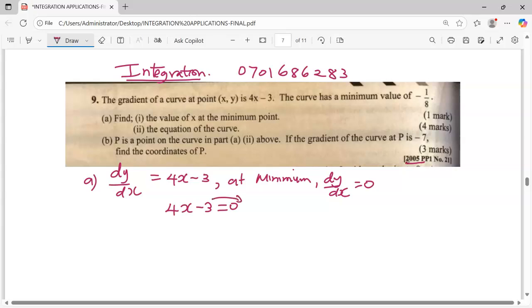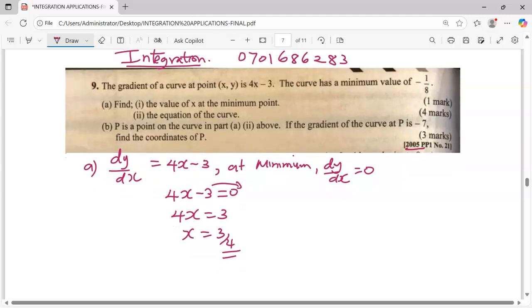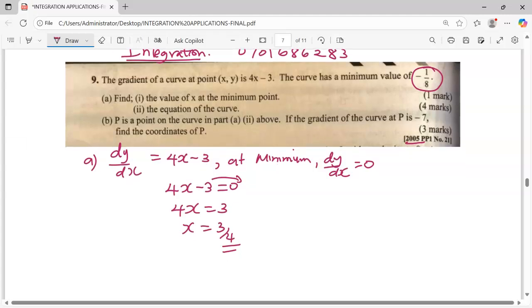If we move negative 3 to the other side, 4x is equal to 3. Dividing by 4 on both sides, x is 3/4. That is the value of x at the minimum point, whereas negative 1/8 becomes the y coordinate.